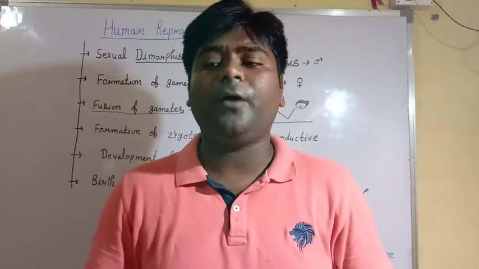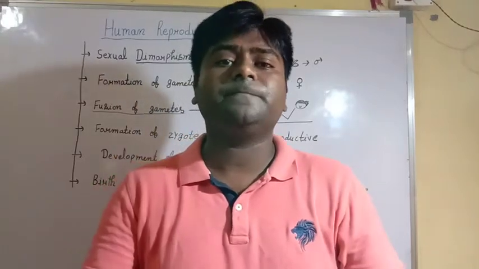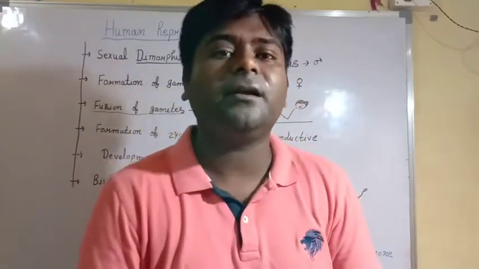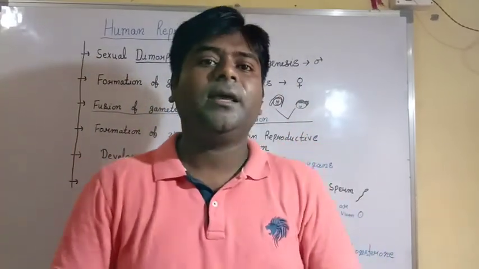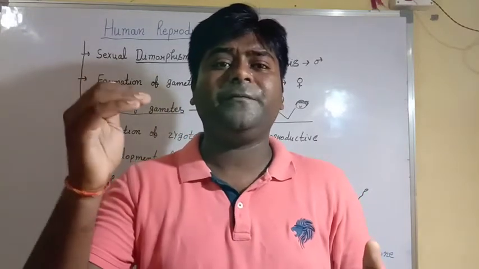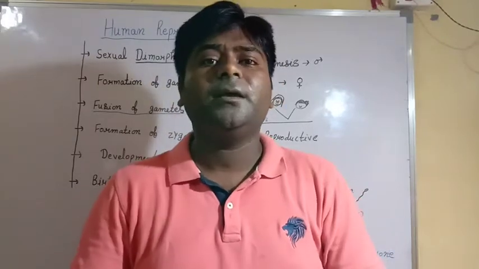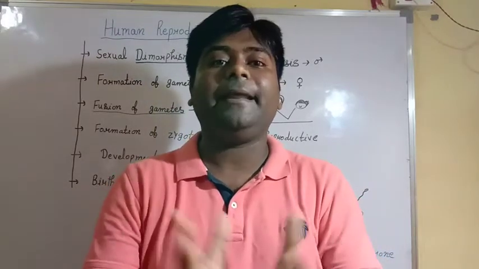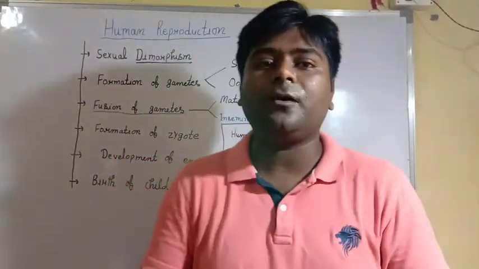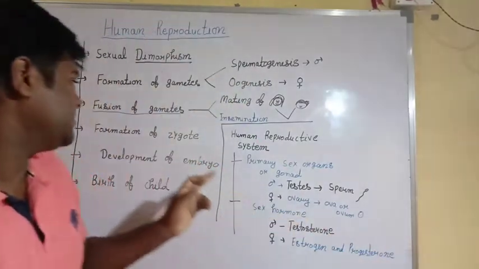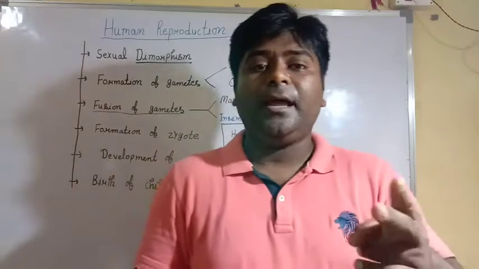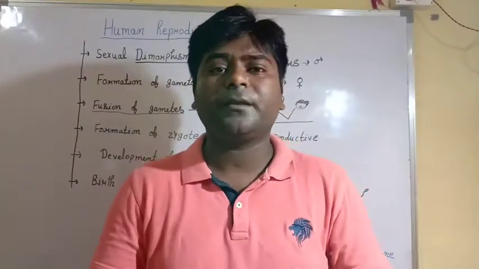So after fertilization, the haploid condition is converting into diploid condition, and because 50% characteristics are coming from the male side and 50% from the female side, we have the blending of characters, and that structure we call zygote. So formation of zygote is the next step.